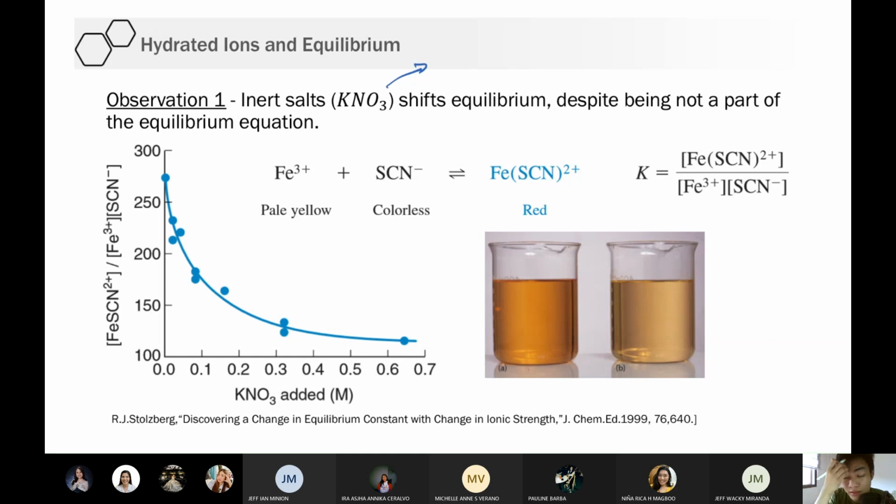For potassium nitrate, we can produce potassium ion and nitrate ion. Are the two ions written in our equilibrium equation? They are not. However, even though they are not written in the equilibrium equation, they can still change the equilibrium constant. They can still shift the equilibrium.